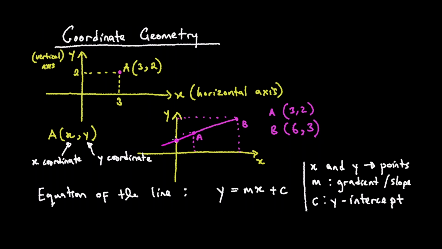So this point is called the y-intercept c. Where our line crosses the y-axis is at c. And we are going to take note that where our line crosses the y-axis the value of x is 0. So c as a point would be 0, c: 0 is the x coordinate, c is the y coordinate.